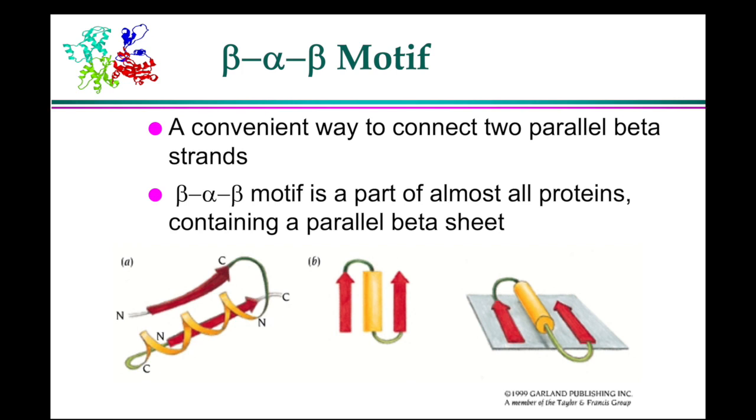It can be represented like this, but if you look at the 3D view, this helix actually is above the plane of those 2 beta strands. So it has a special conformation, and this is also a cornerstone for a lot of different structures.